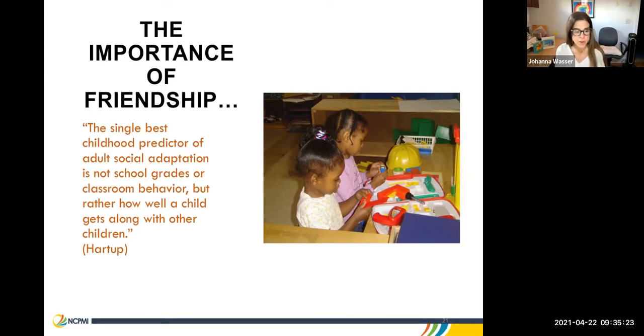Also, we all know that focusing on social emotional development, and particularly friendships and self-control, can increase children's success in school and also beyond school.